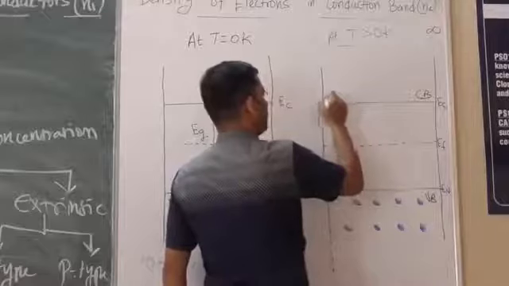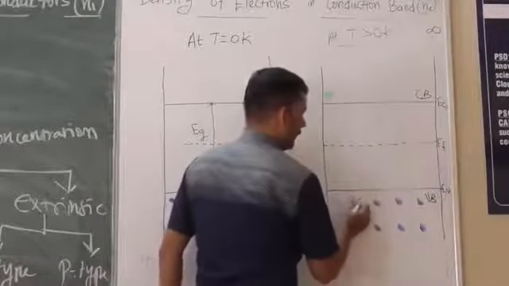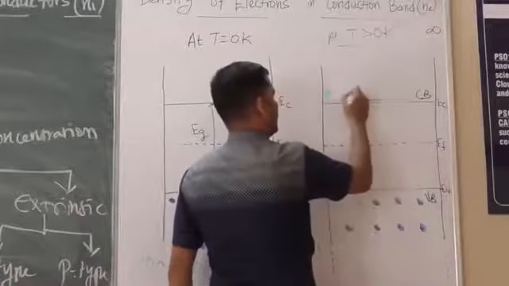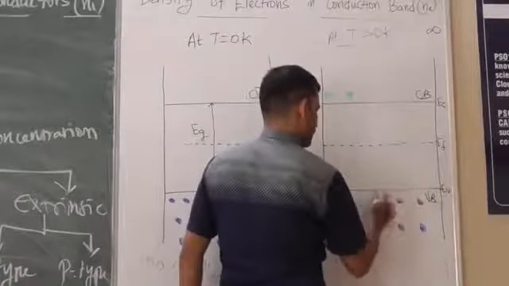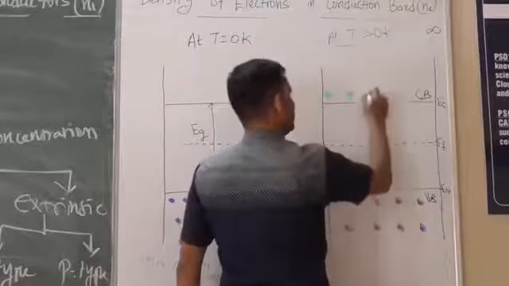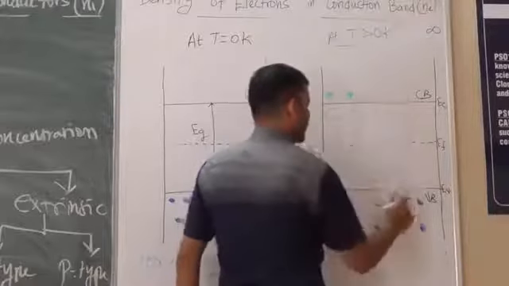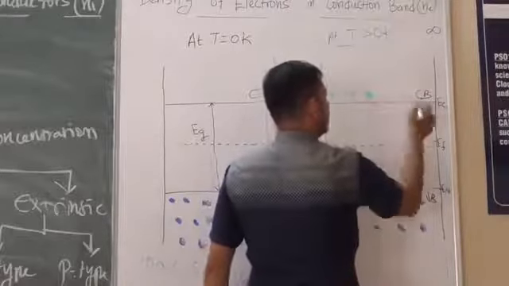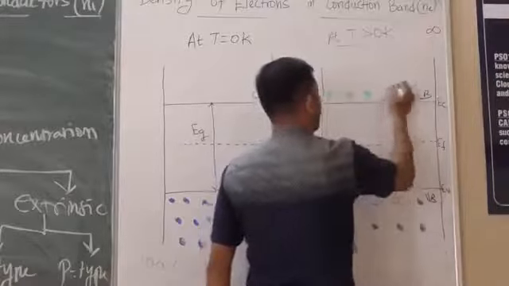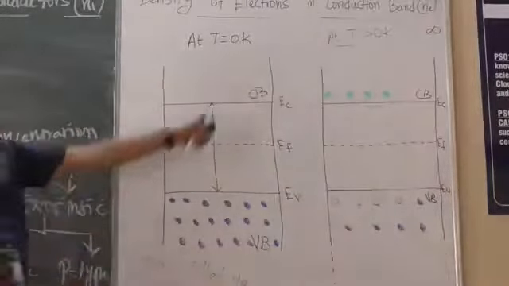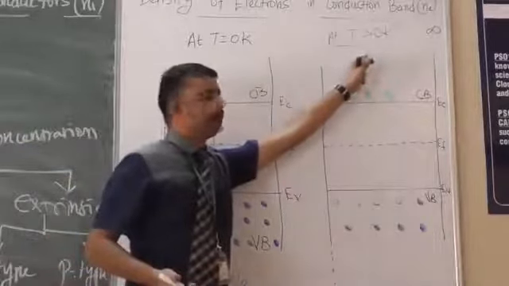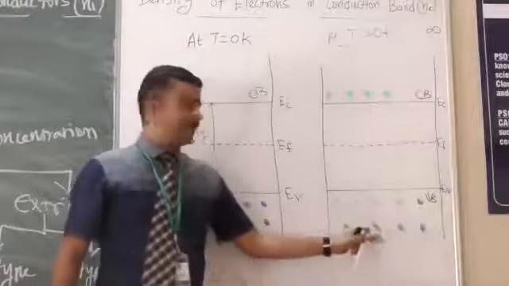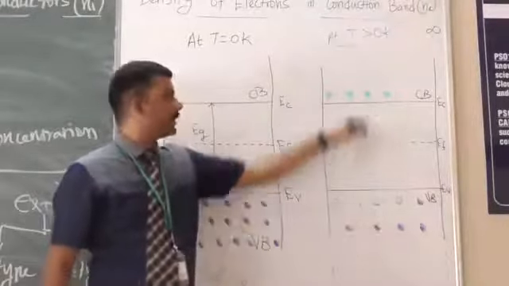Electrons from the valence band move to the conduction band when the thermal field is applied. If a stronger field is applied, almost all the free electrons move from the valence band to the conduction band. So at a temperature greater than 0 Kelvin, a few electrons are transferred from the valence band to the conduction band.